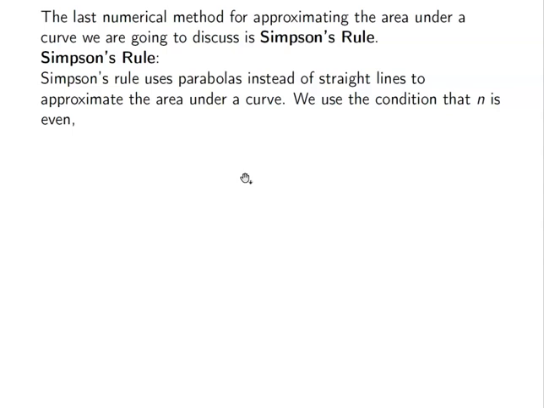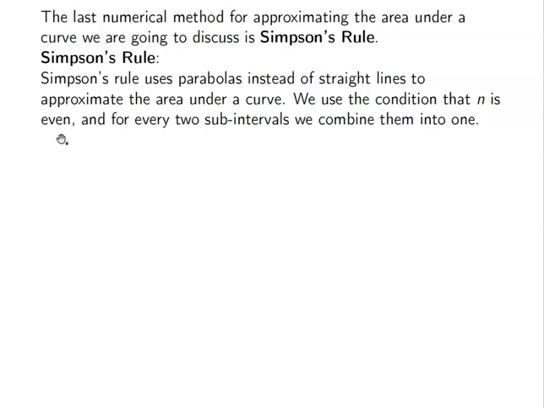Since I'm using two rectangles at a time, and again, you might say, what are you talking about? Don't worry, we'll draw a picture for you in a second. Since I'm using two rectangles at a time, I need to have n be an even number. Because if it was an odd number, I'd have one lonely rectangle sitting there that I wouldn't be able to use since I use two at a time.